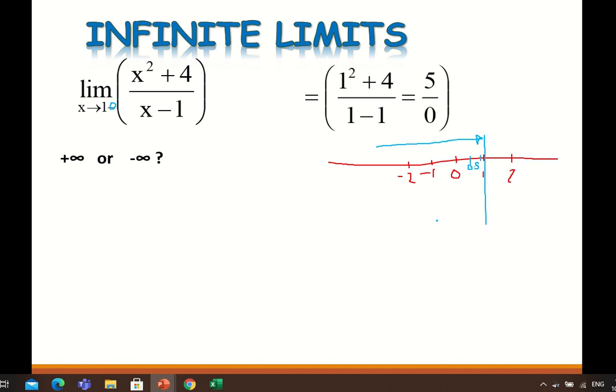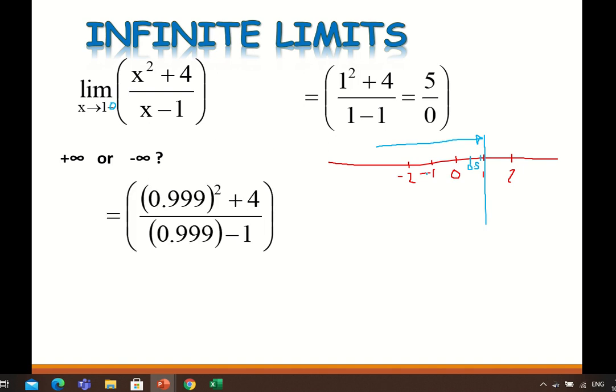If you have, say, 0.9999, at the numerator you substitute 0.9999 squared, then plus 4. Then 0.9999 minus 1 is still negative, that is negative 0.0001. So positive at the numerator, negative at the denominator, we can expect the quotient as negative.